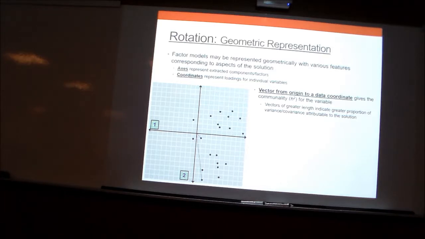Yeah, overlap with the factor. It's the proportion of variability in the outcome that's attributable to both of these factors. If we draw a vector from the origin of our coordinate plane out to individual dots, the length of that vector is representative of your communality. So the longer, the better. The stuff toward the origin are items that we're not doing a very good job accounting for.